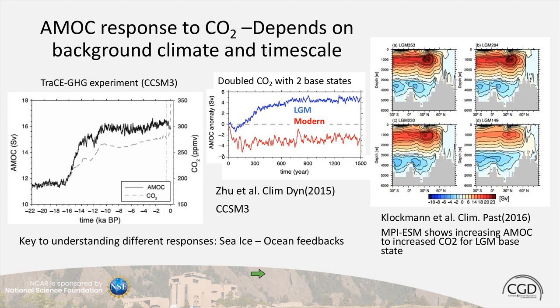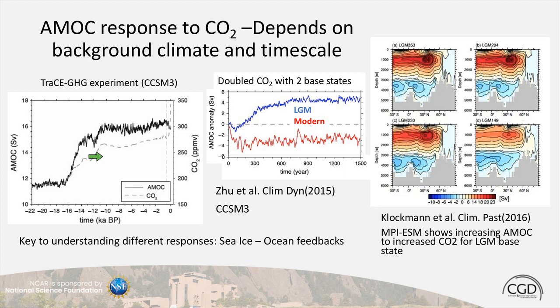This is one study that highlights results from that run. If you hold the model at the LGM state and apply the CO2 greenhouse gas forcing over the last 21,000 years, you can see over on the left that AMOC rises in response to a rise in CO2, apart from this last very abrupt change in CO2 and a very abrupt response, a decline in the AMOC in the historical period.